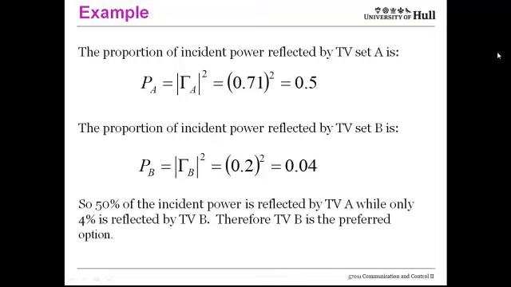The proportion of power that is reflected is these values squared. So we see that 0.5 or half of the incident power is reflected off television set A, whereas only 0.04 of the incident power is reflected off television B. So 50% of the incident power is reflected off television set A, while only 4% is reflected by television B. Therefore, television B is our preferred option.